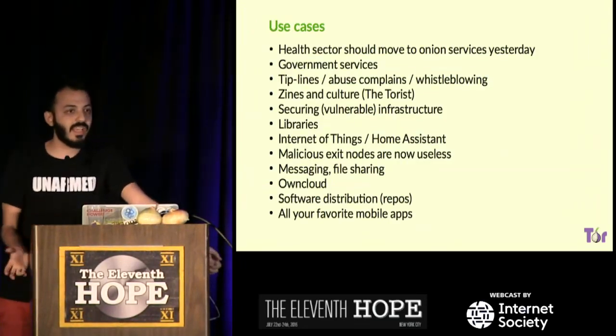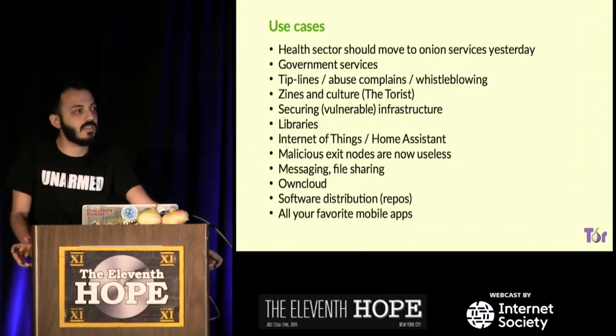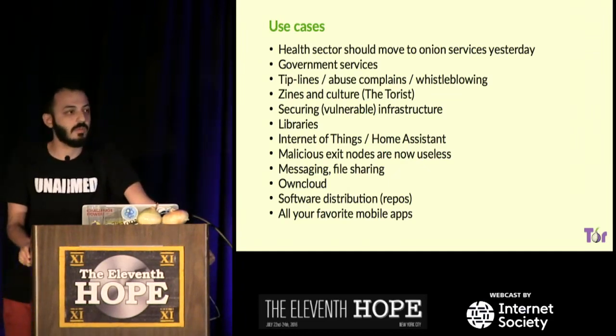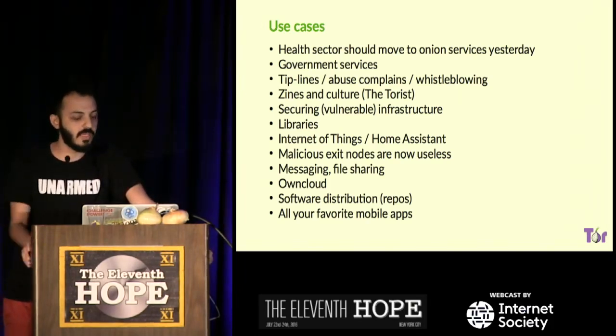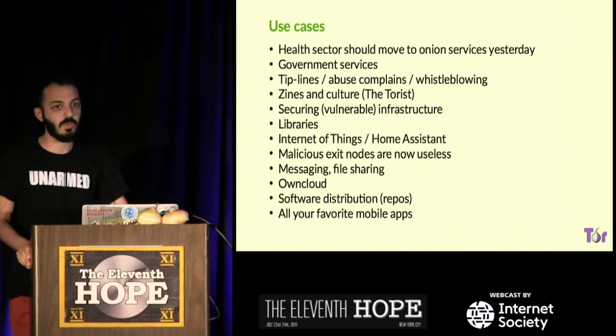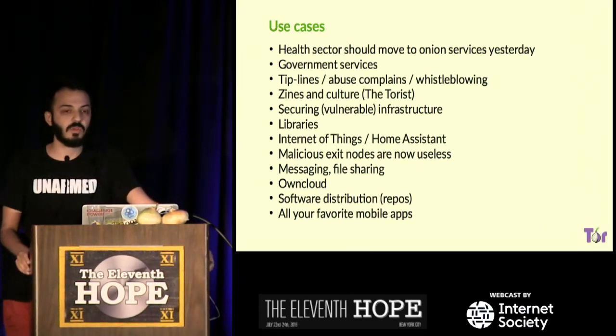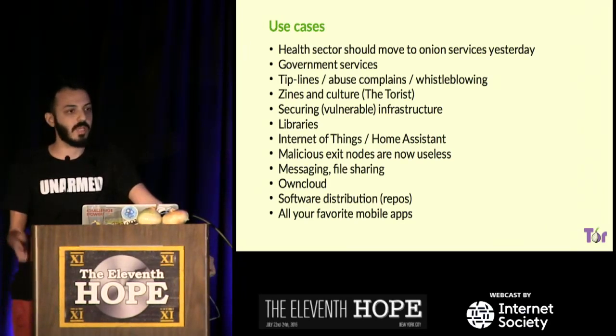So what are the use cases of Onion addresses? Everybody thinks of Onion addresses just for, I don't know, a crazy website to deal drugs and whatever. But that's not the only thing. Because of all the good properties, the health sector could take advantage of these things. Government services too, since they don't necessarily need to collect all that information about people; we've heard about the OPM hack and all of the different things.